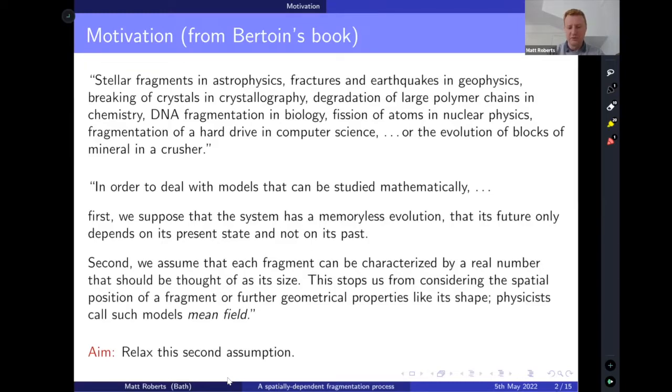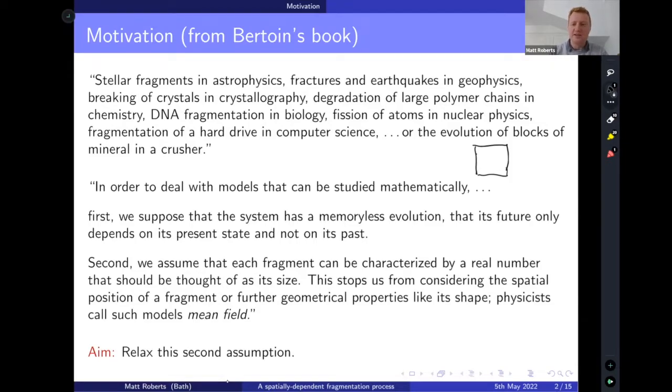So the model that we actually came up with was inspired by the last of these applications mentioned at the top. If you imagine a block, let's think about a concrete slab, maybe, being smashed into smaller and smaller pieces.